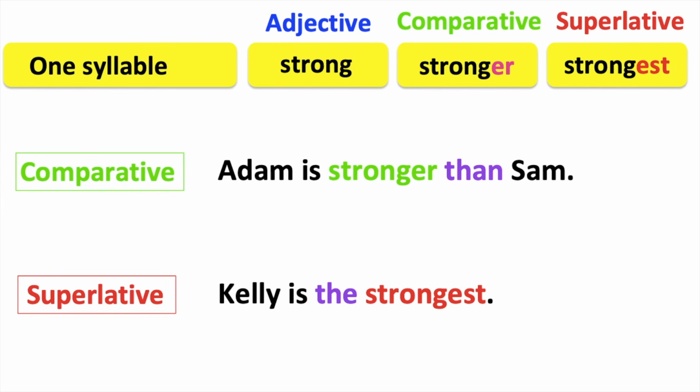Here, I'm comparing one person with a group of people. It's important to remember that we always use than after the comparative adjective because we're comparing two people. The article the is always used before the superlative adjective.